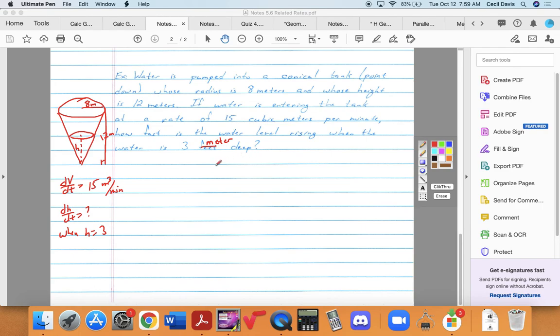All right, so we need an equation, and one of the things they're likely to give you on the AP exam, although in textbooks they don't always do this, is the equation for the volume. The volume for a cone is 1/3 pi r squared times the height.